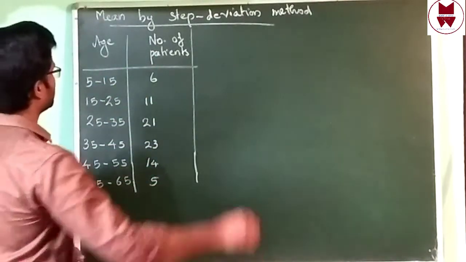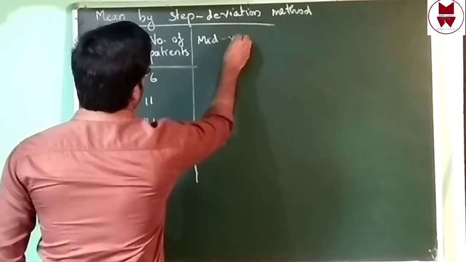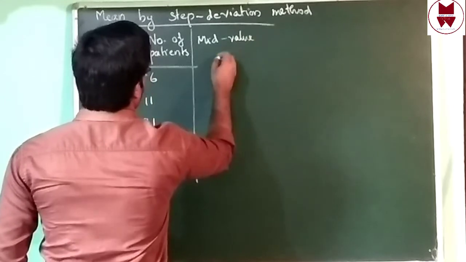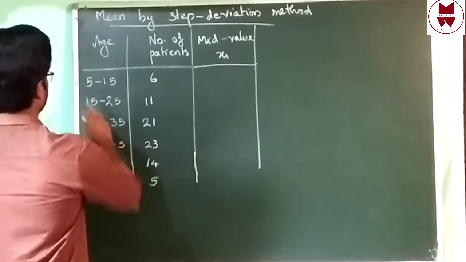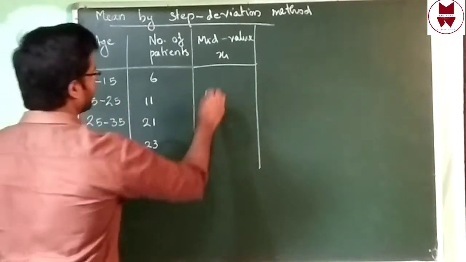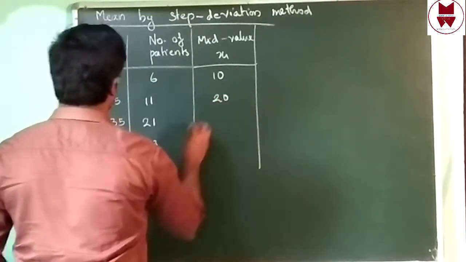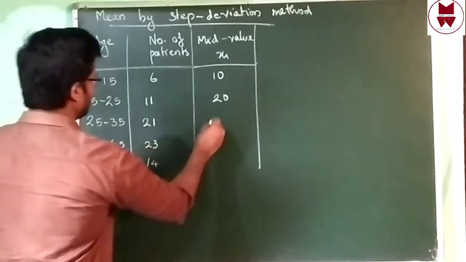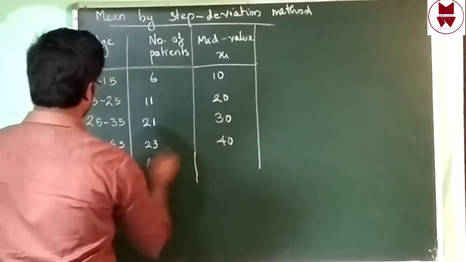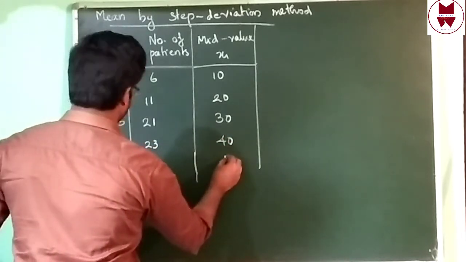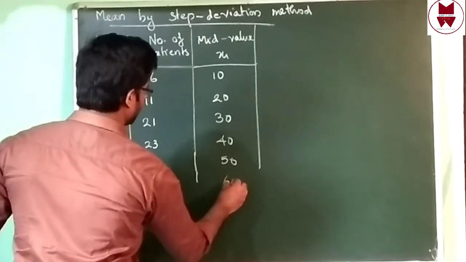First we will find the mid value xi. In between 5 and 15 is 10, 15 and 25 is 20, in between 25 and 35 is 30, 35 and 45 is 40, 45 and 55 is 50, 55 and 65 is 60.